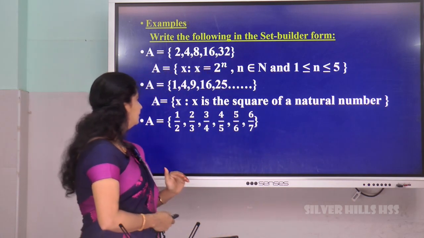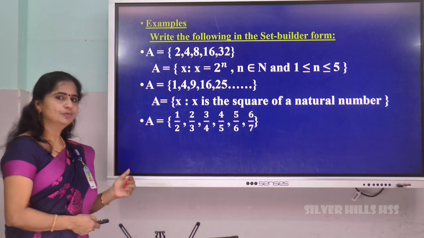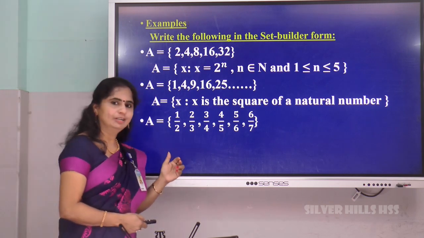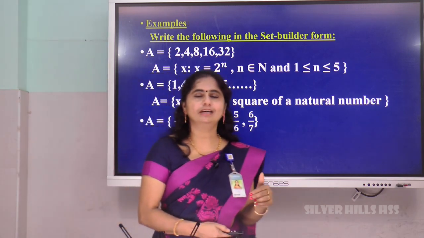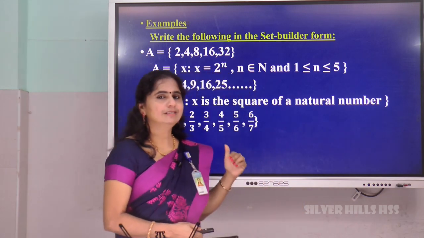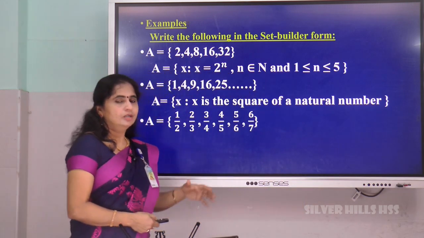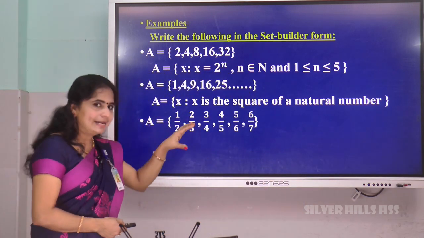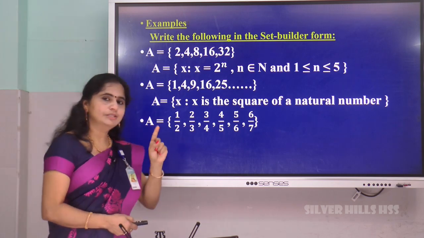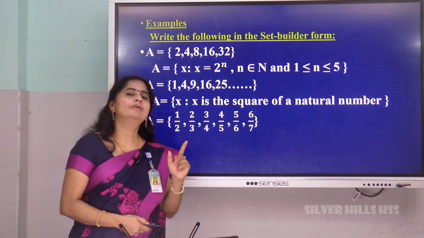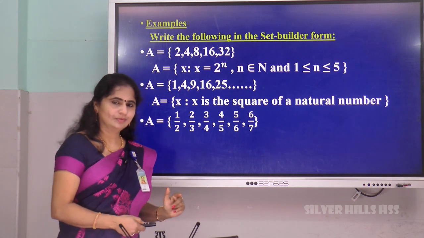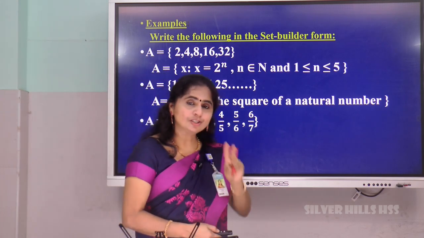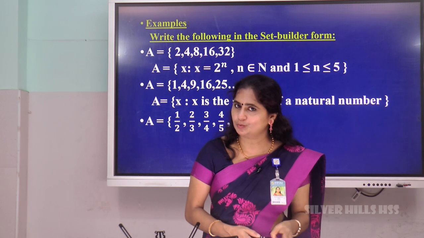Next example, the set 1 by 2, 2 by 3, 3 by 4, 4 by 5, 5 by 6, 6 by 7. So let's analyze this. The first term, numerator is 1, denominator is 1 plus 1, that is 2. The second term, numerator is 2, denominator is 2 plus 1.